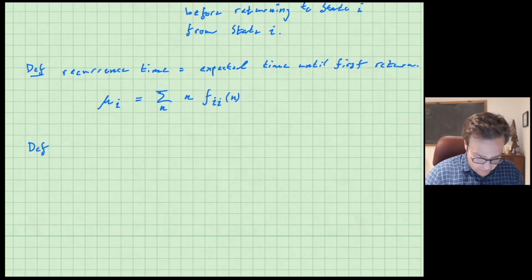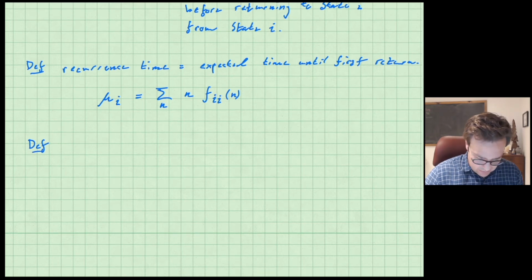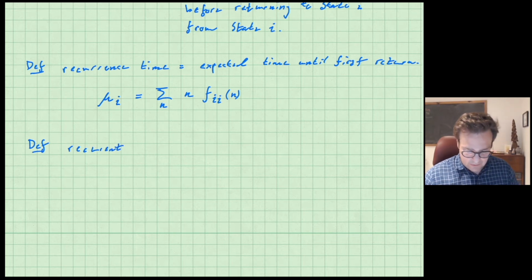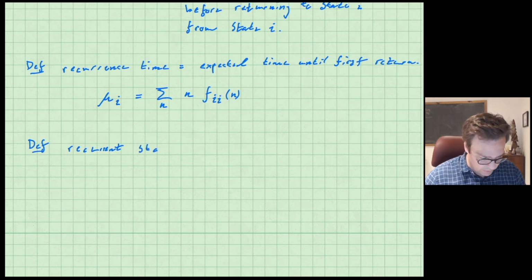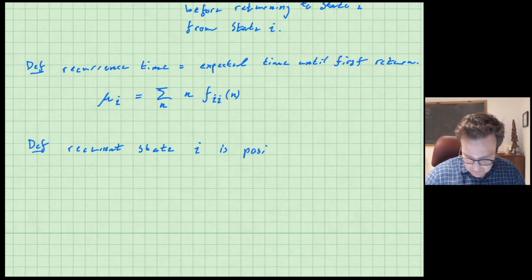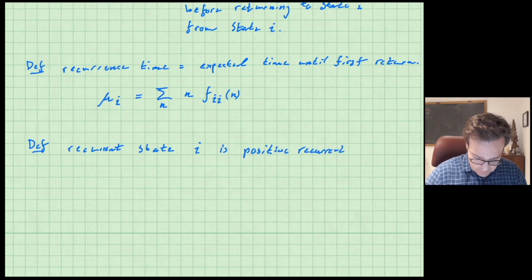A recurrent state i is called positive recurrent if the following is true: mu_i is less than infinity.